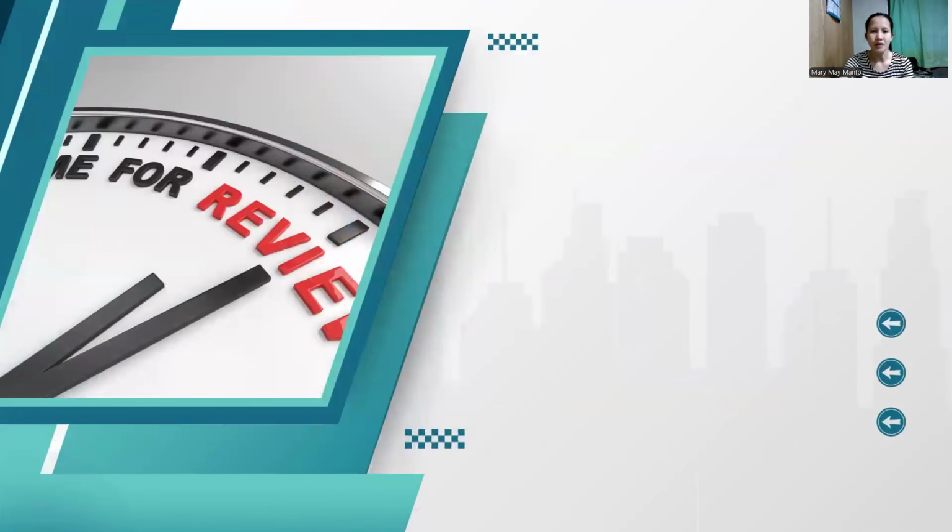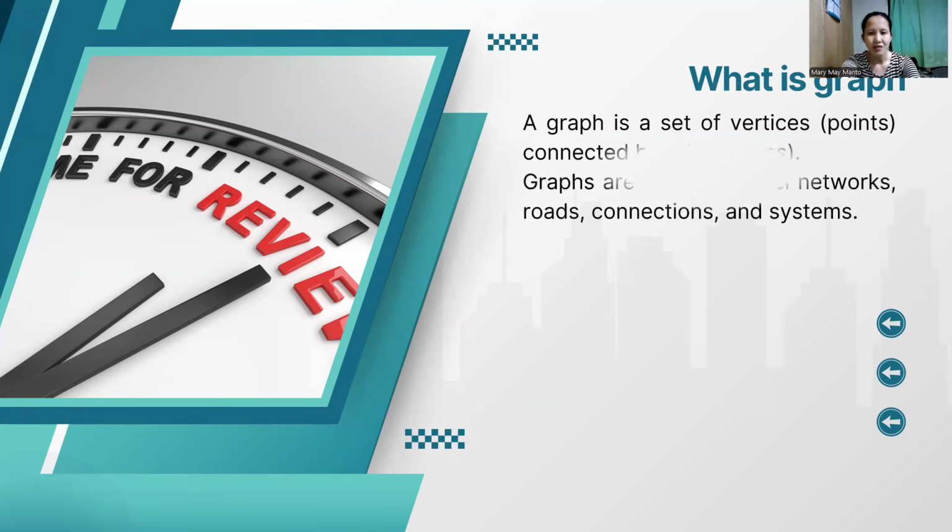Okay, let us review the concepts first, the fundamentals of graph theory, before we talk about the main topic, Euler circuit and Hamiltonian circuit. Okay, so what is a graph? Again, according to the fundamentals of graph theory, a graph is defined as a set of vertices, where these vertices are the points connected by edges, which refer to the lines.